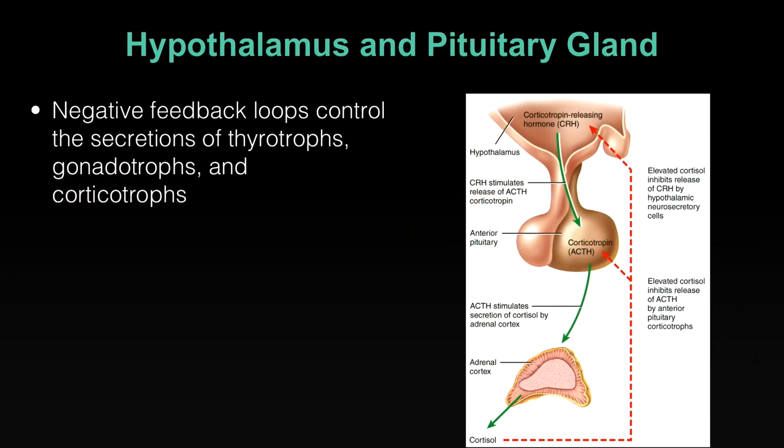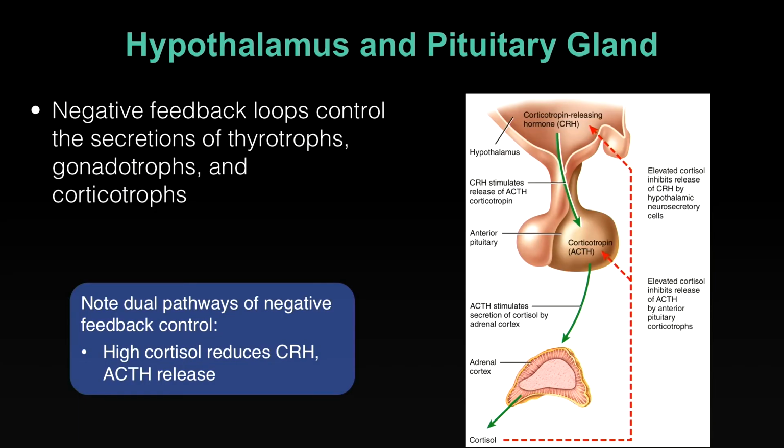So I mentioned to you that most hormones respond via negative feedback loops, and I'm not going to ask you what types of cells respond to negative feedback loops in the anterior pituitary. You can write this down, but I'm not going to ask you that. I just want you to notice the levels of control here on the negative feedback loop side. So this is the HPA axis all over again. The hypothalamic-pituitary adrenal axis. We've seen adrenocorticotropic hormone that travels to the adrenal glands to release cortisol.